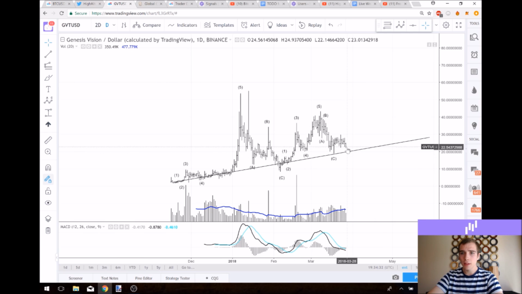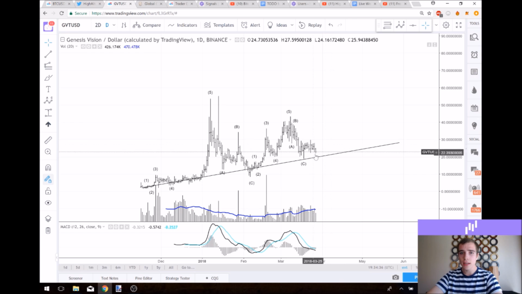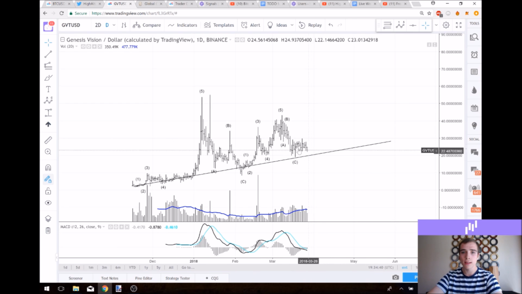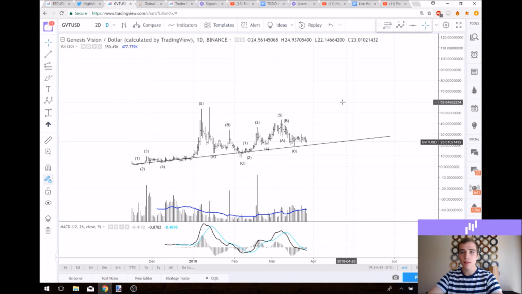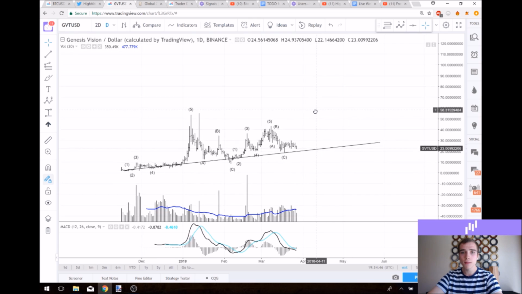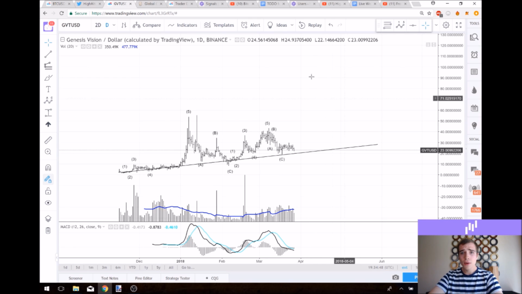I think that we will either touch this trend line one more time at about $20 or bounce in at or around current prices because of the oversold movement, which means we're about to make a 3-wave, and 3 waves are very, very impulsive by nature. And, you know, generally you want to target a 1-to-1.